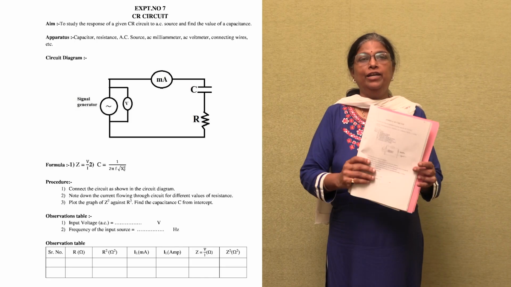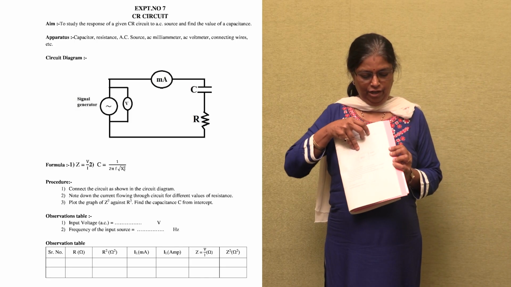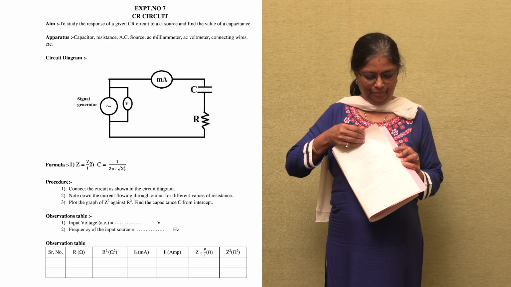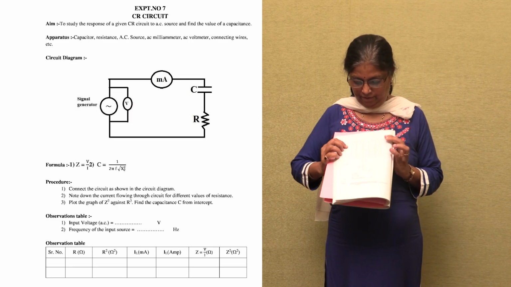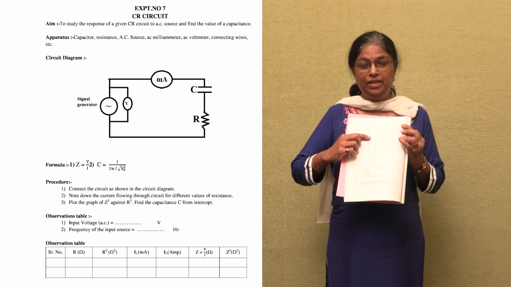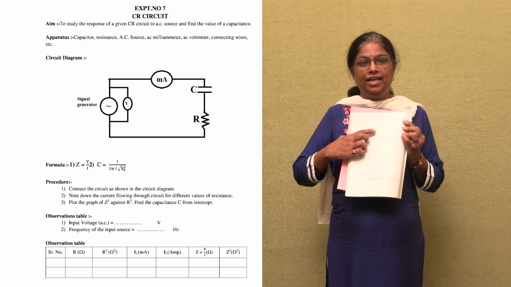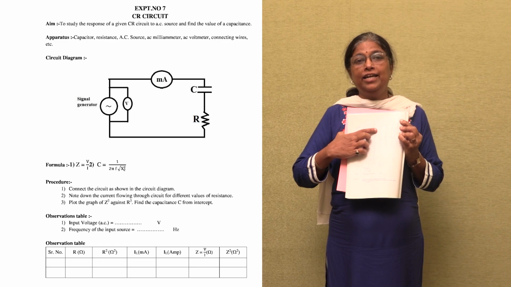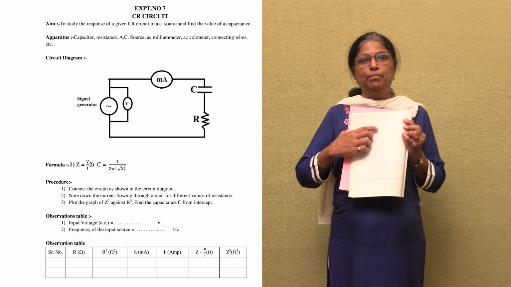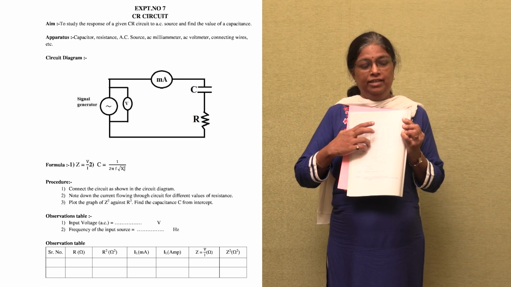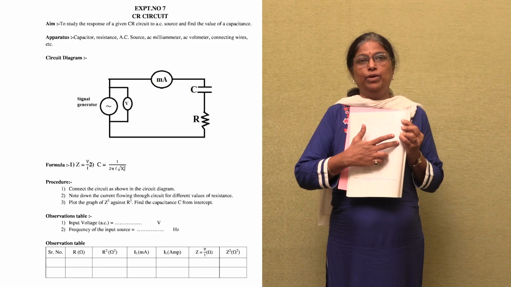You have to tabulate the readings in tabular form as shown below. The first column is for resistance, the second is for current in milliampere, the third column is current in ampere, then the impedance which is given by V by I, then R square and Z square.